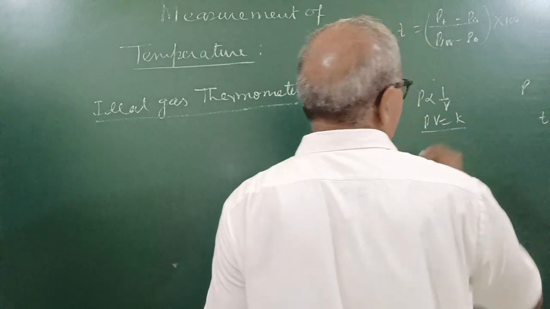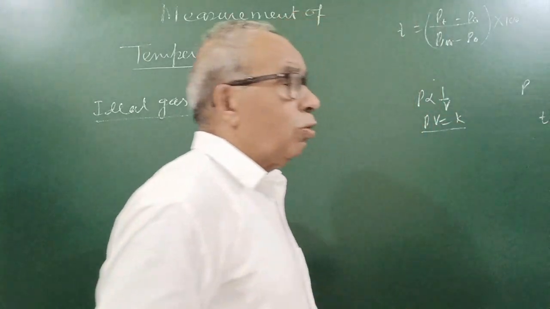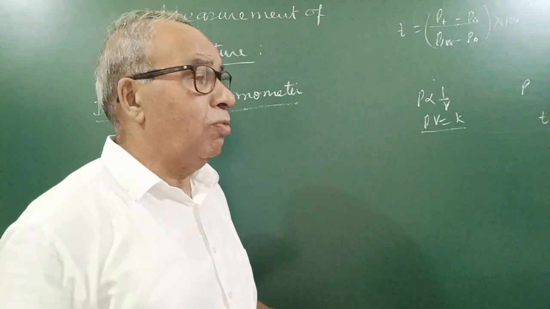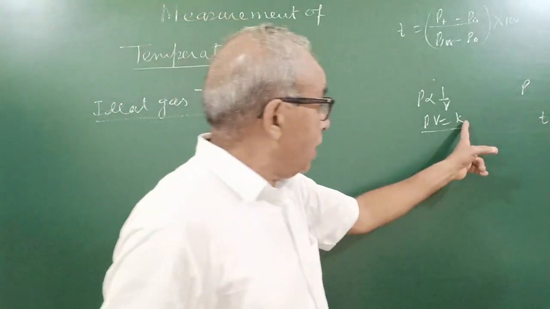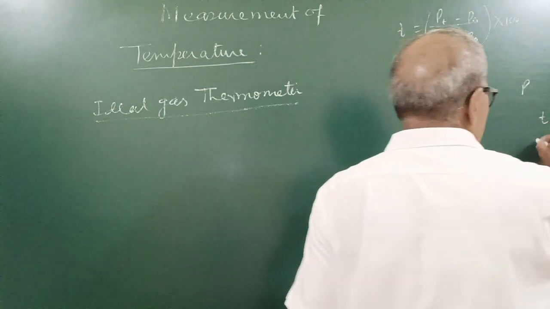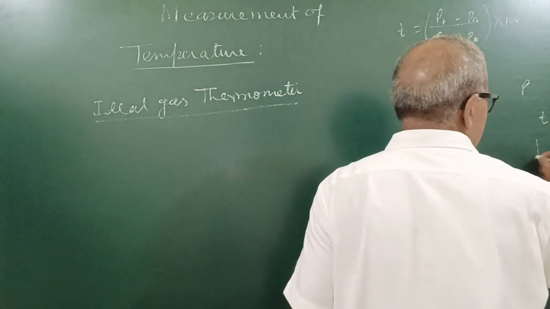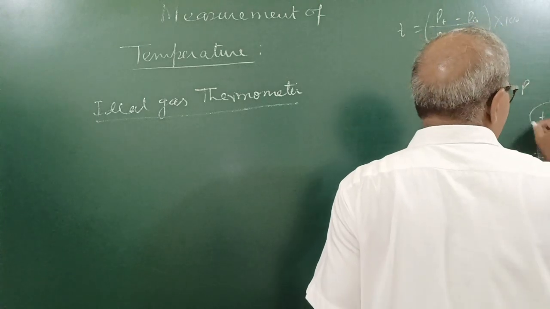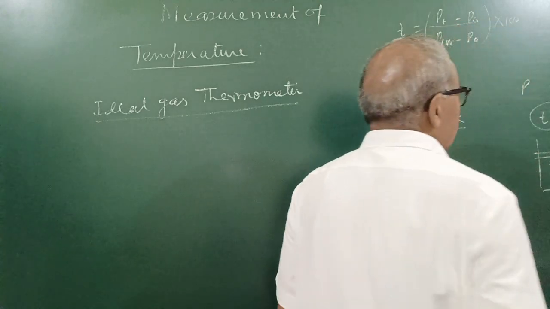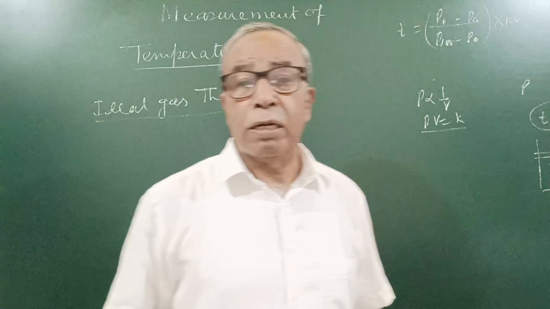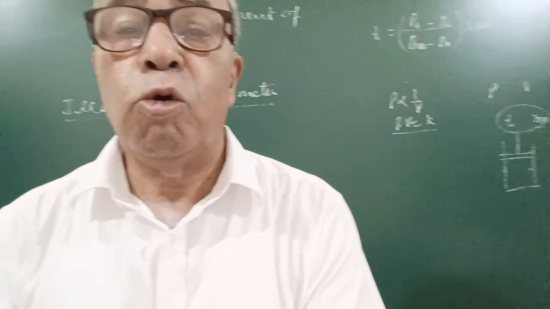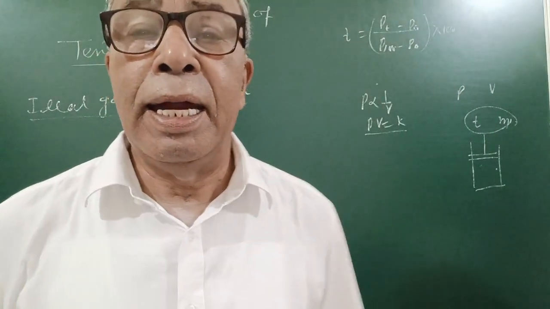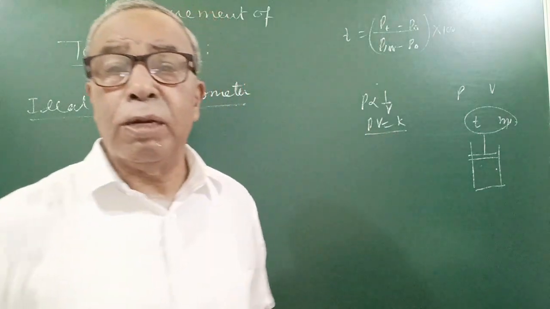This is called Boyle's law. From here you can write P1V1 equal to P2V2. If you keep the temperature and mass of gas fixed, and you change the pressure, then the volume changes and PV remains constant.